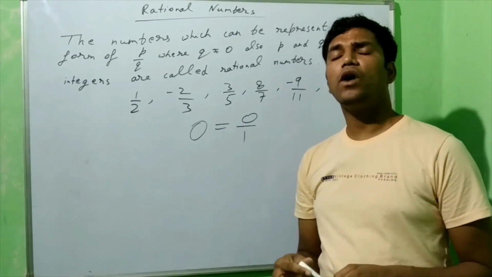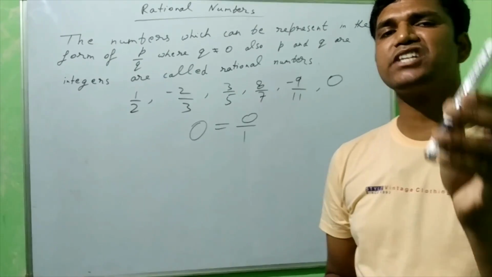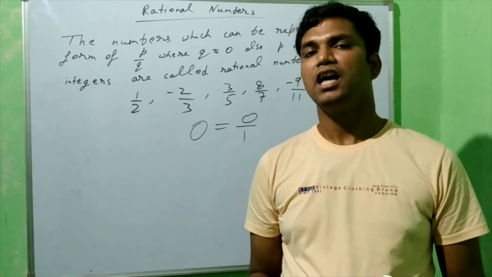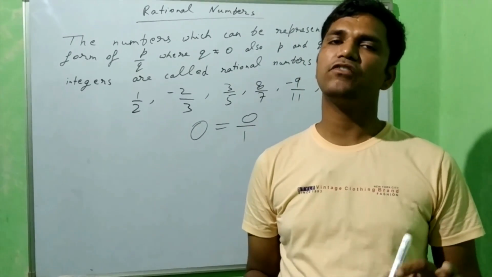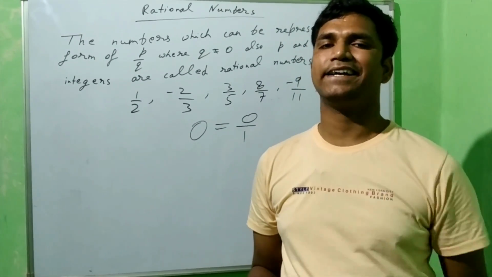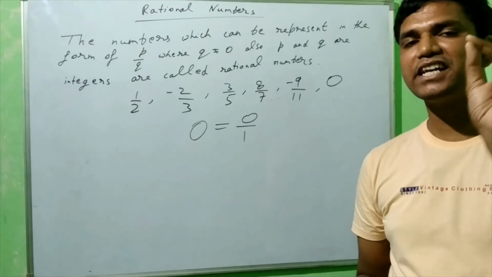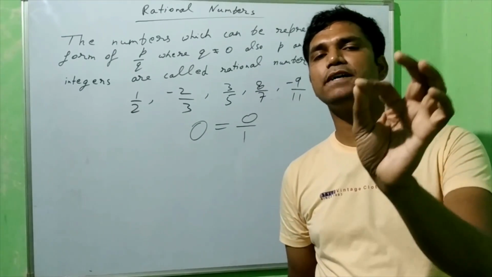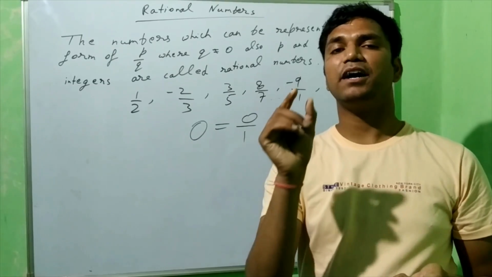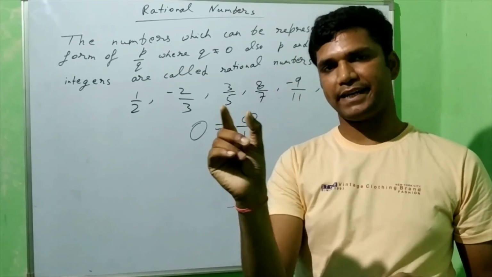Now, what is the decimal representation of a rational number? We can see different examples of rational numbers and we will find that the decimal representation of a rational number must be terminating or repeating.